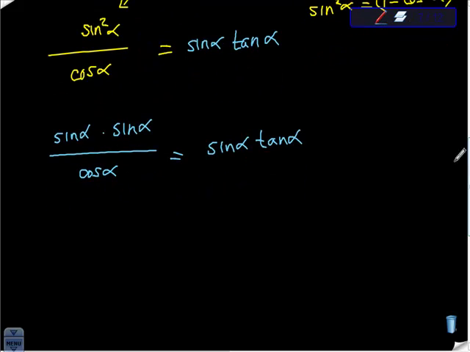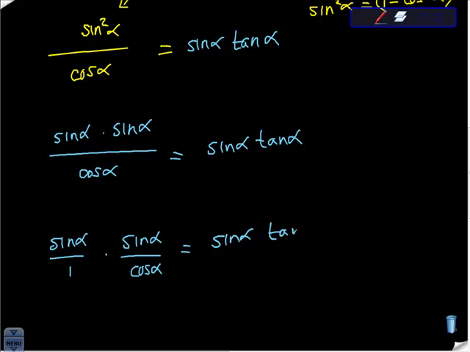Now I'm going to break this up and pull this sine out by itself: sine alpha over 1 times sine alpha over cosine alpha. And here's our answer, sine alpha tan alpha.